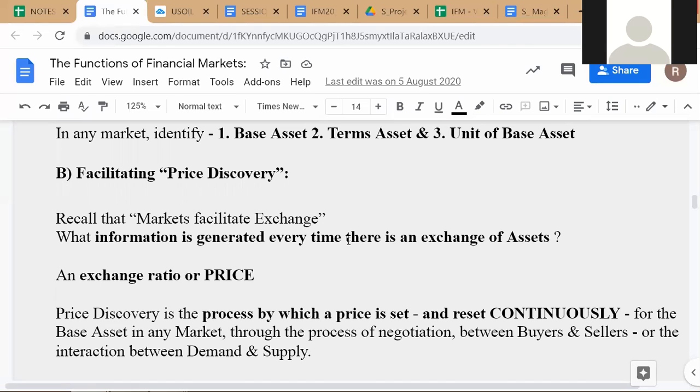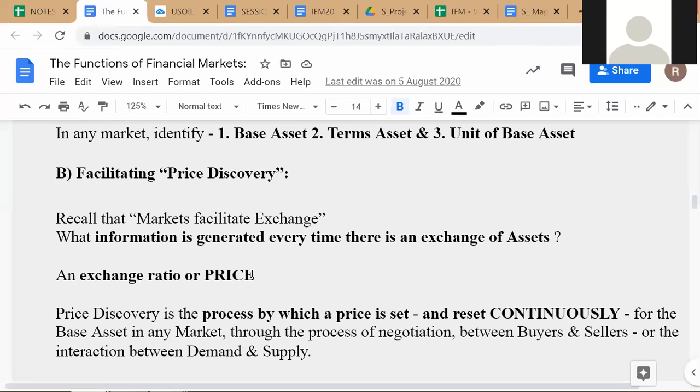Whenever you have exchange, some information is generated every time there's an exchange of assets, and that information is obviously the exchange ratio, or price. If we look at the sugar market, transactions are happening and sugar is changing hands against, let's say, Indian rupees in the Indian market.